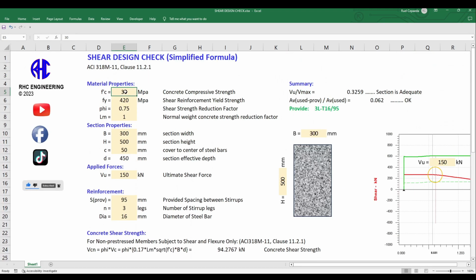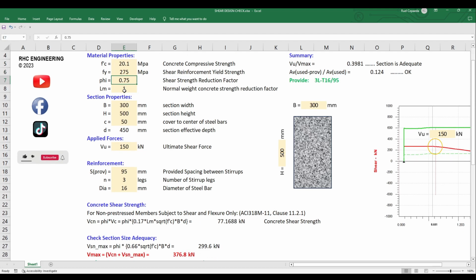So for example, for the f'c, we input the data of 20.1. This is the common concrete mix in the Philippines. And the Fy, let's say 275. Then let's use 250 by 400. Then concrete cover 58.